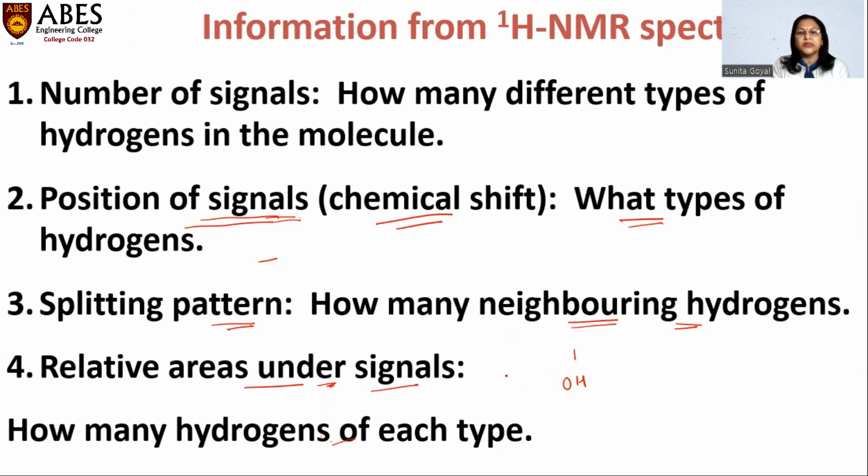And if in its vicinity there are 2 CH2 protons, it is a 2 proton signal. So the height or the area under this signal will be double that of this one, because this is 1 proton and these are 2 protons. So by knowing the relative areas under these signals, we can know how many protons of certain types are there.